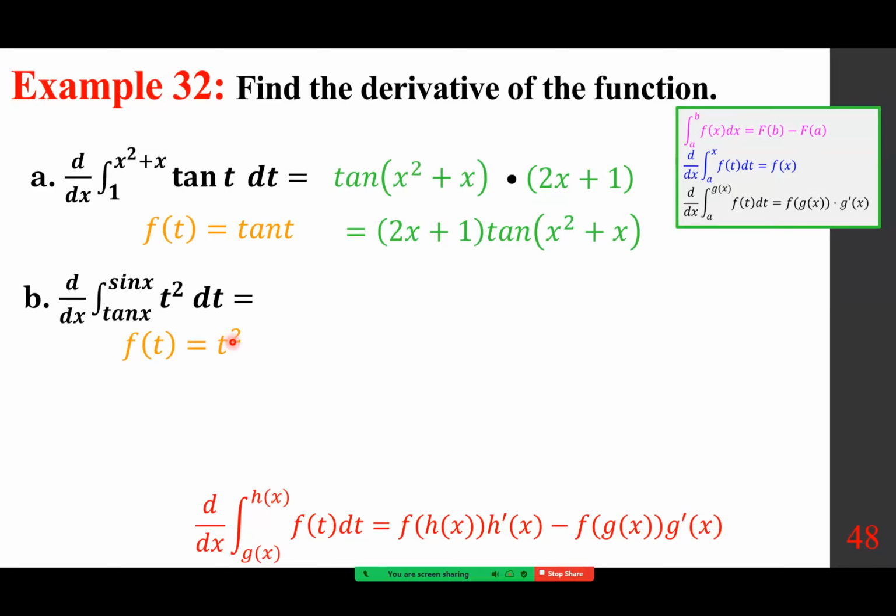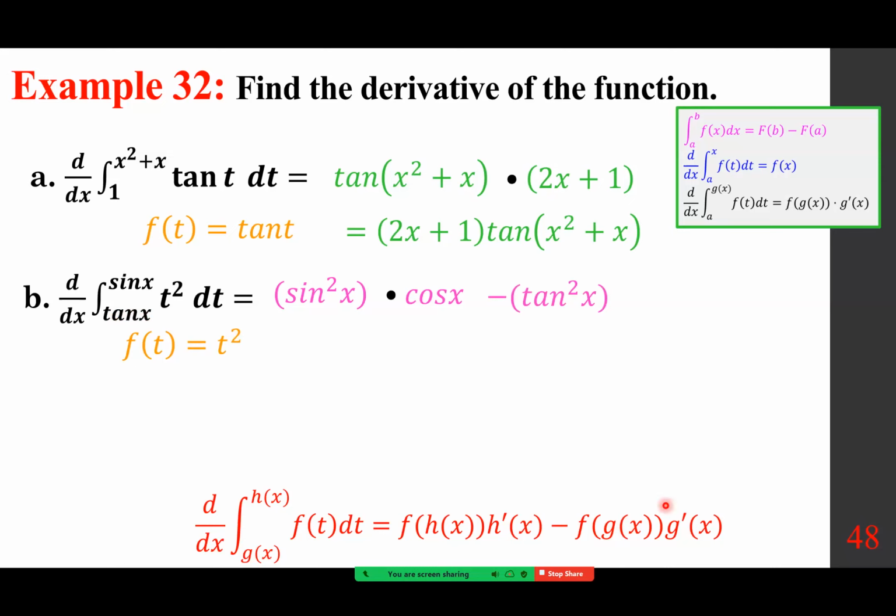F of t is t squared. So replace the t with sine x. So sine squared x. That's this part. Times h prime of x, the derivative of sine x, which is cosine x. Minus f of g of x. So replace the t with tan x: minus tan squared x.